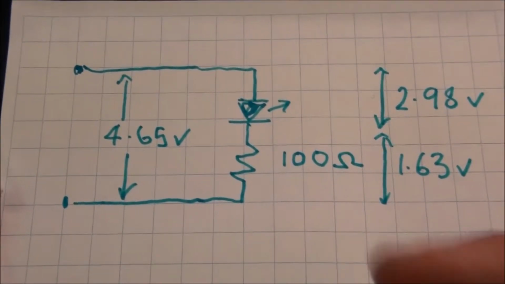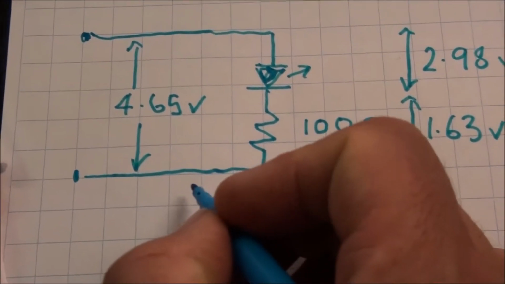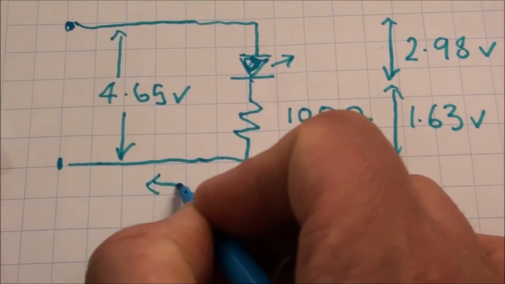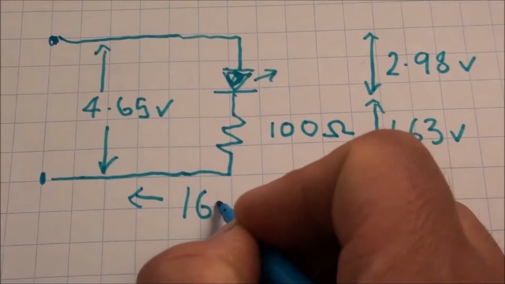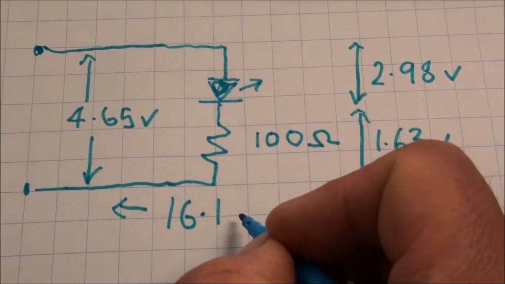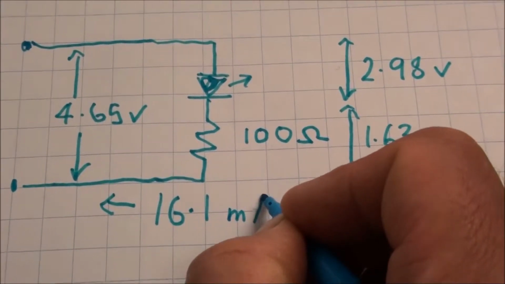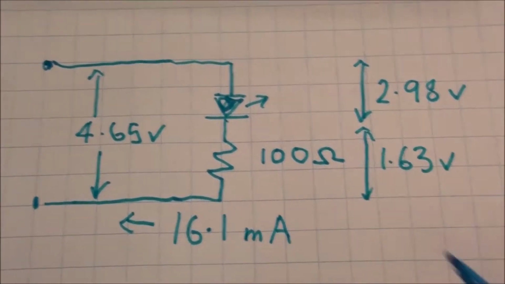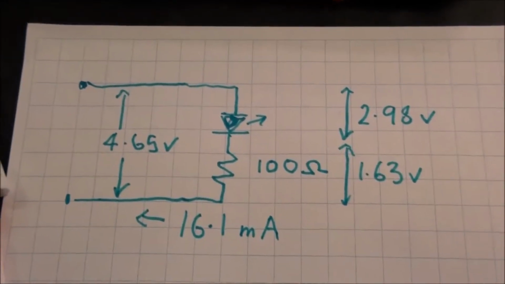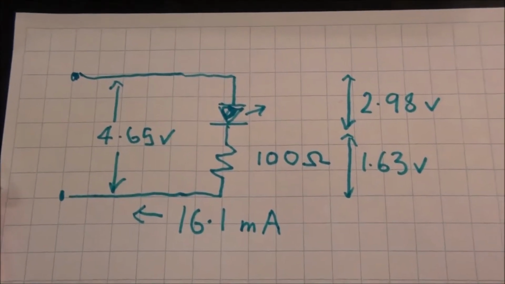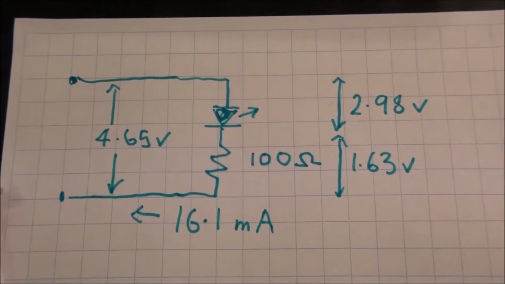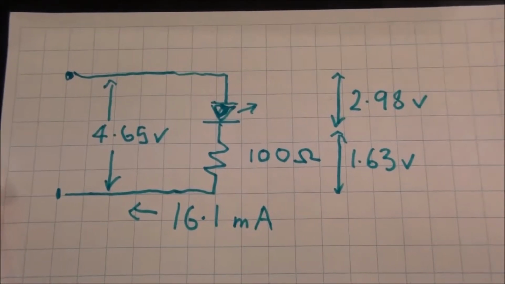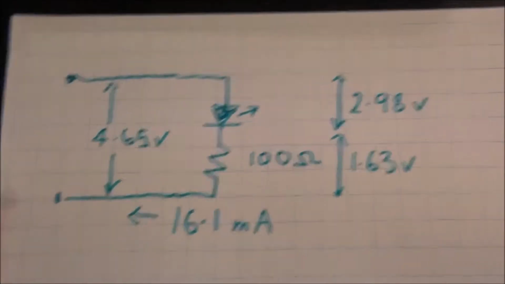Now remember, we measured the conventional current everywhere in the circuit was 16.1 milliamps. Okay, so using Ohm's law now, I'm going to calculate the correct voltage for the LED at the ideal current of 20 milliamps.